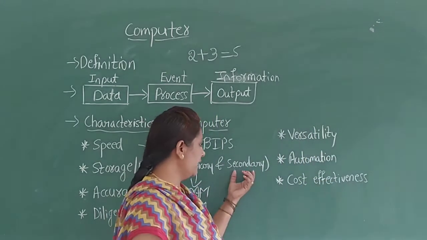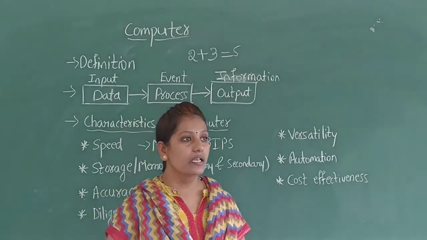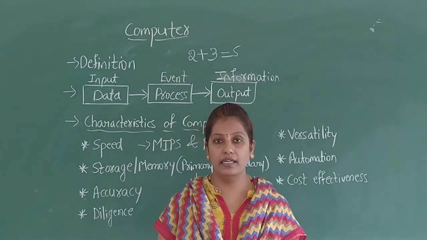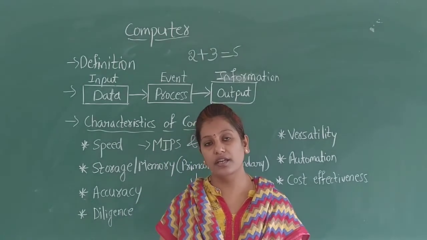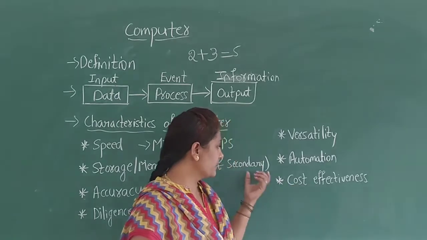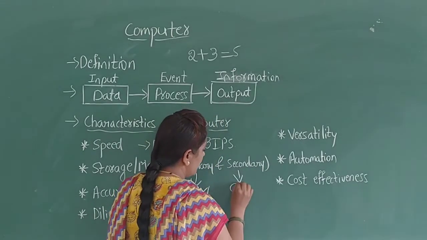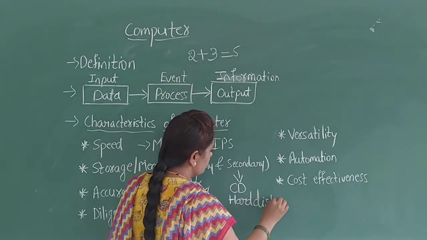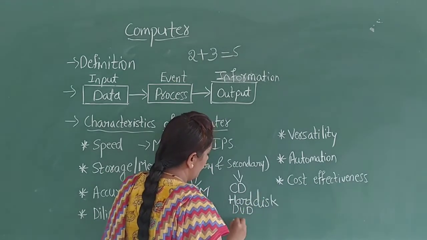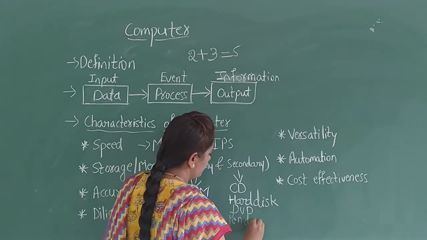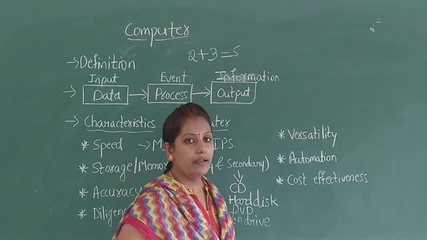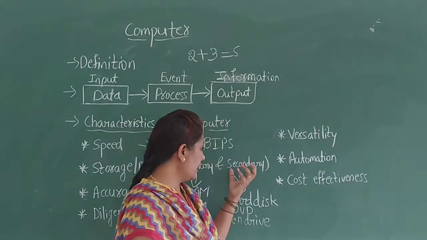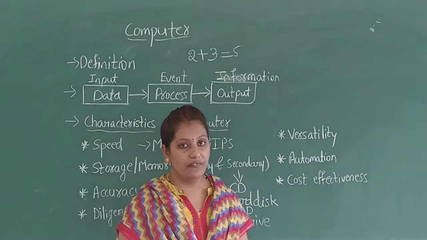And what is secondary memory? Secondary memory is an external memory which is used to store data permanently for future use. For example, CD, hard disk, DVD, pen drive, memory card, floppy disk and Blu-ray disk are secondary memory storage devices.